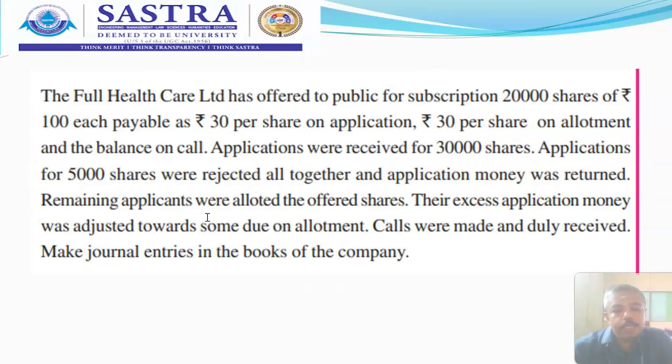Now for this question we need to solve the sum. First, we need to make a flow chart of which transaction comes first and which comes next, whether the receipt comes or the due comes first or the transfer comes, how the rejection happens and at which stage. Since there is no date, keep a flow chart mentally or on rough paper. Think of the events like a mind map: what events happen one by one in Full Healthcare Limited, stage by stage.